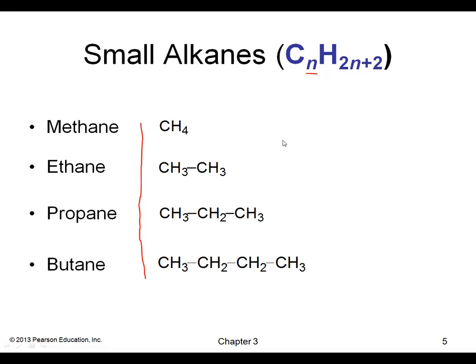Okay, come down here for butane, n is 4 for butane, so 2n+2 would be 2 times 4, okay, which would be what? 8 plus 2 to give you a total of 10 hydrogens for butane. And if you count them up, 3, 4, 5, 6, 7, 8, 9, 10.